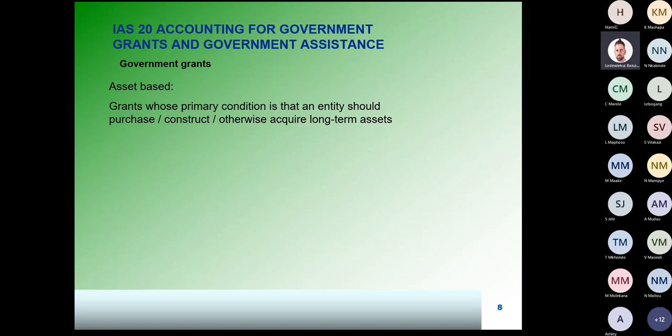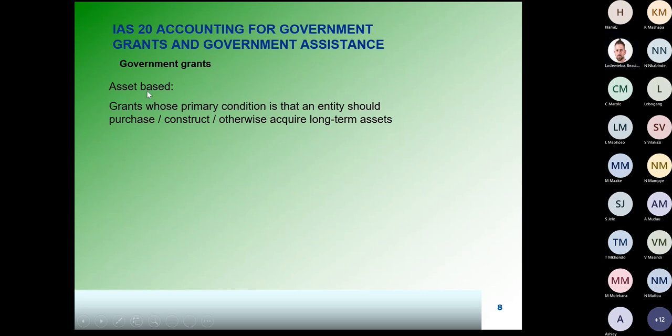If it is asset-based, then the grant's primary condition is that the entity should purchase, construct, or otherwise acquire a long-term asset. So when the question says we have received a grant from government to buy a new manufacturing plant or to build a new manufacturing plant, or we want to buy a machine, because that machine is a long-term asset, it's part of PPE, then we will use it as an asset-based grant.